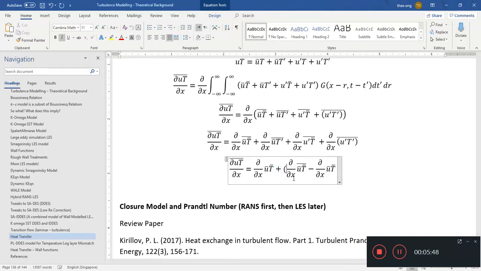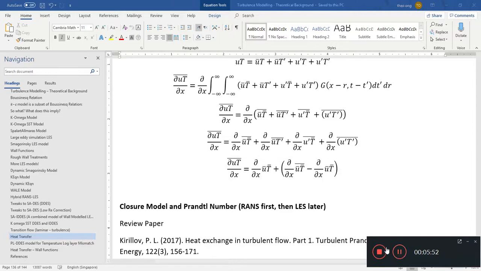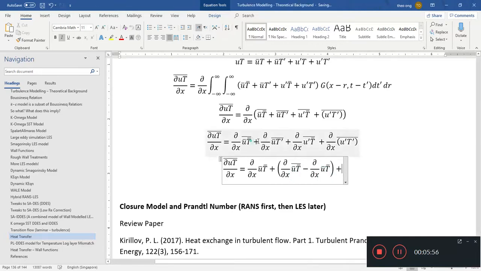These ones we can group together, and then the rest of the terms follow over here.